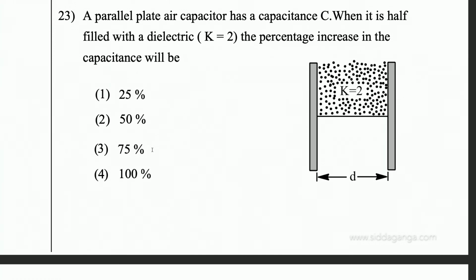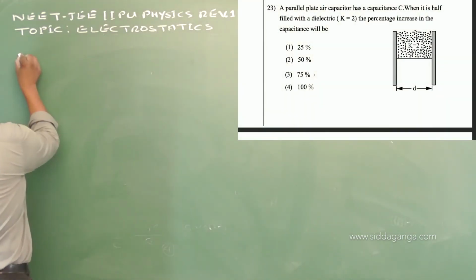Right. Now question number 23. A parallel plate air capacitor has a capacitance C. When it is half filled with dielectric K equal to 2, the percentage increase in the capacitance will be. Now see here, 23.